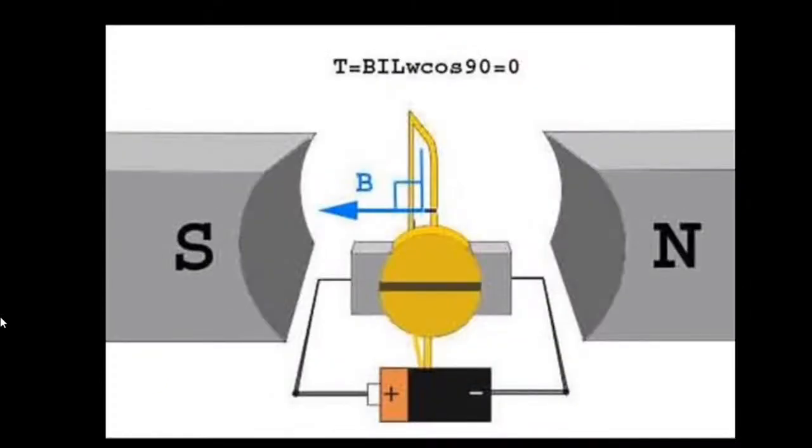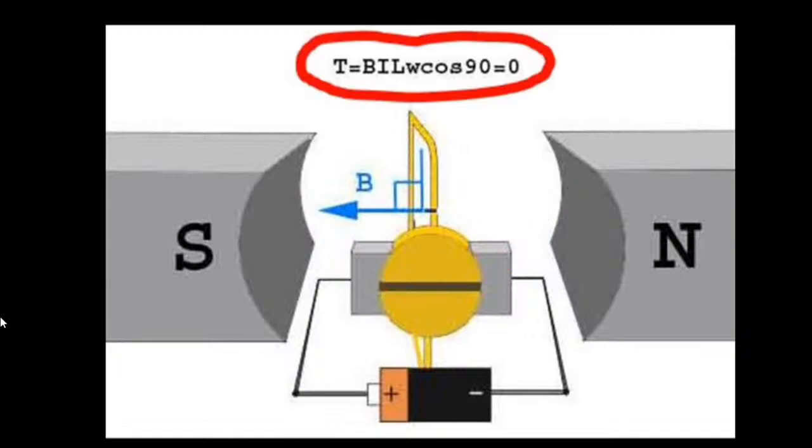After clockwise rotation of 90 degrees, the turn comes to a vertical position with respect to the magnetic field. At that position, there is no current in the conductors of the turn, as the conductor end brushes rest in between two commutator segments.